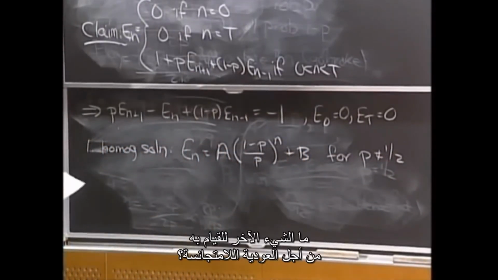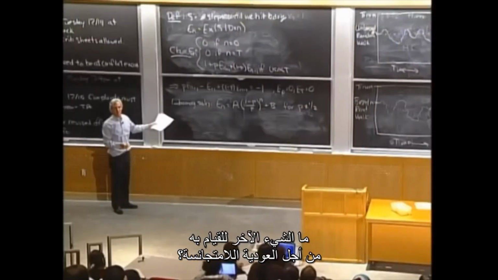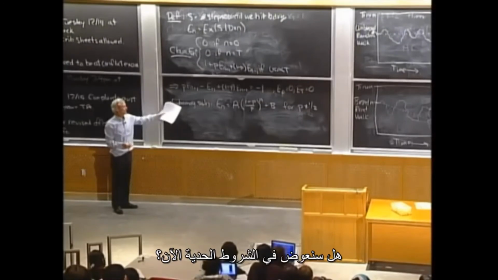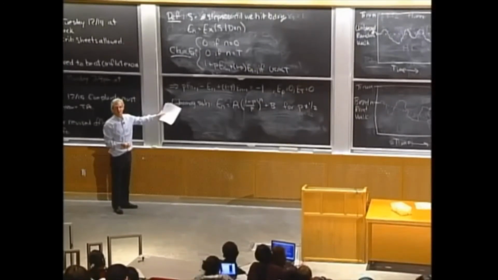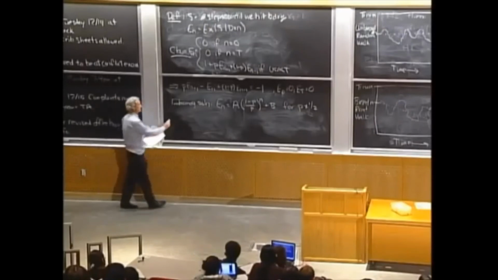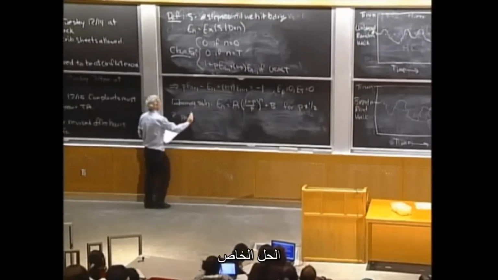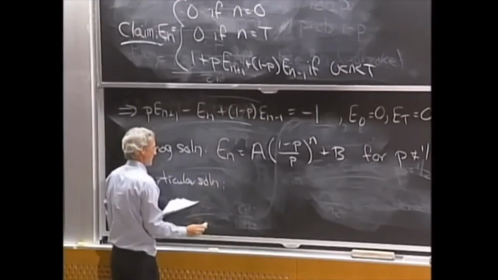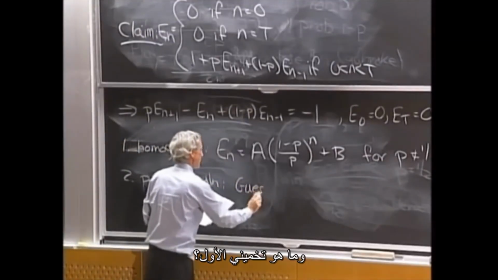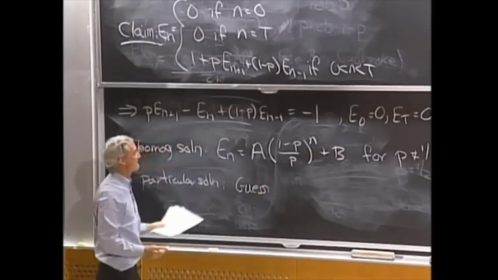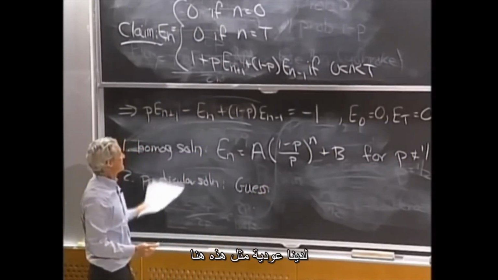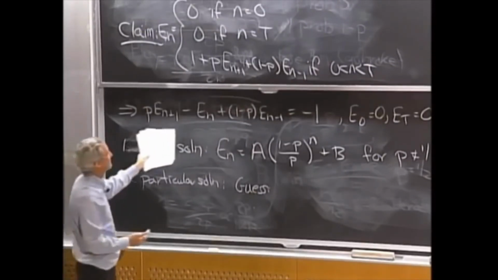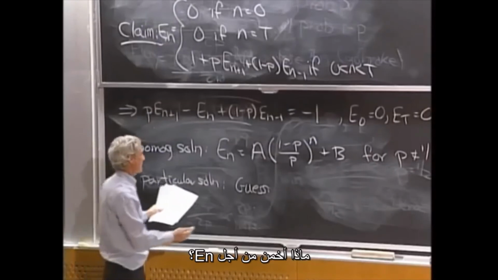What's the next thing you do for inhomogeneous recurrence? Are we plugging in boundary conditions yet? No. So what do I do next? Particular solution. And what's my first guess with a recurrence like this here? What do I guess for E_n?